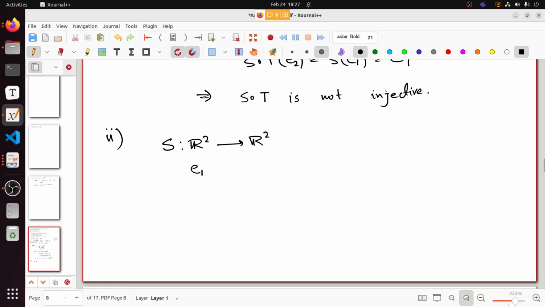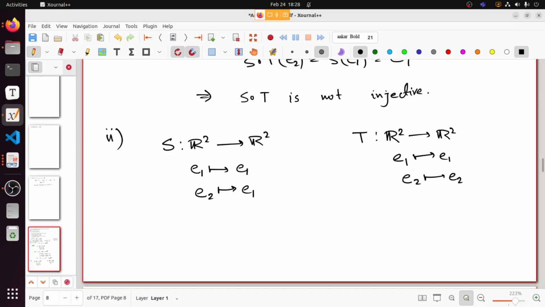E1 will map to E1 and E2 will map to E1, and let's define T from R2 to R2. Because we have to make T surjective, we will define E1 goes to E1 and E2 goes to E2.